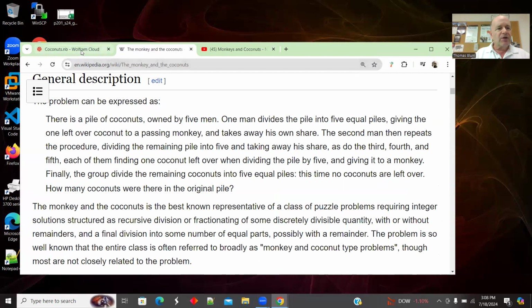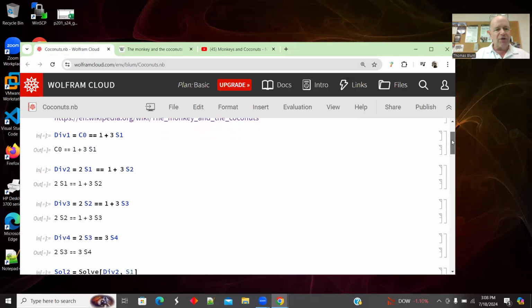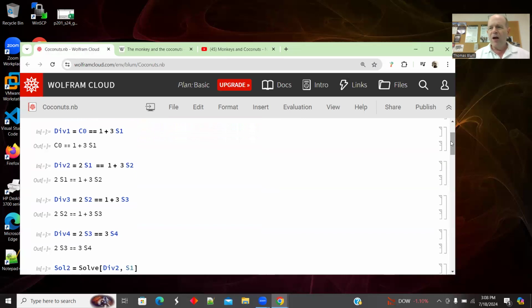Okay. So borrowing the notation from the Numberphile video, I'm using C0 to represent the original number of coconuts. These variables will all be integers. And again, I'm only going to do three of these sailors.